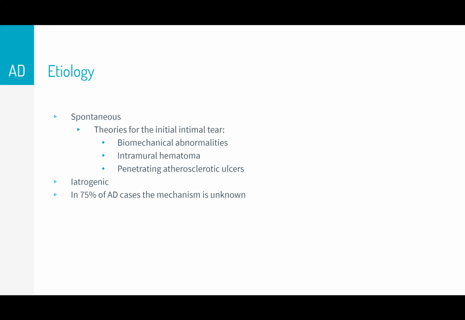The last thing is the penetrating atherosclerotic ulcer. They think that a lot of dissections are caused by these atherosclerotic ulcers, which mainly are atherosclerotic plaques that become ulcerated and penetrate through the intima and cause the dissection.